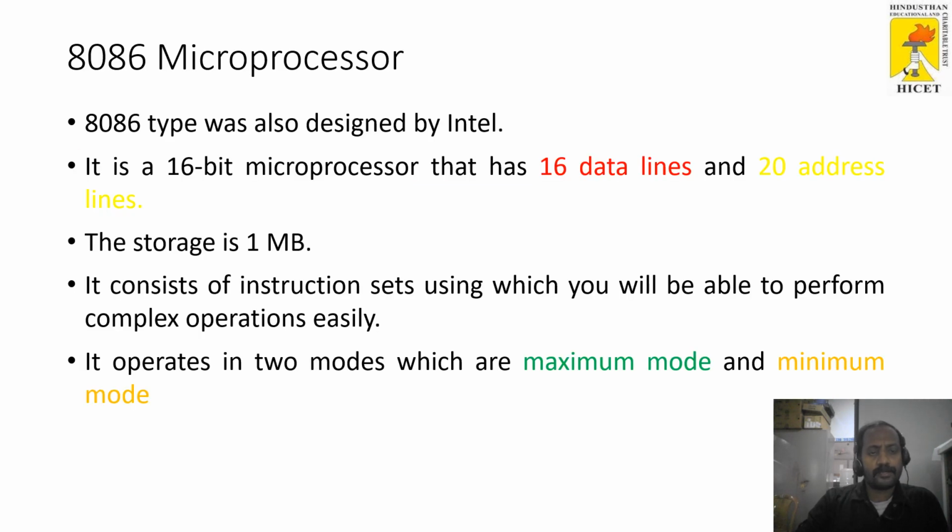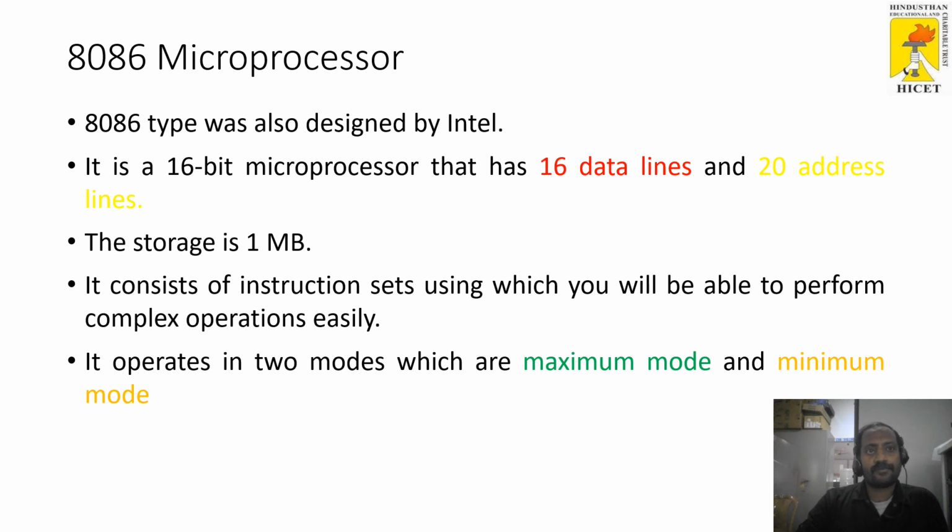Another important basic microprocessor is the 8086, which is an enhanced version of the 8085 microprocessor. It was designed by Intel in 1976. It is a 16-bit microprocessor which has 20 address lines and 16 data lines. The 20 address lines provide addressing up to 1 MB of storage.